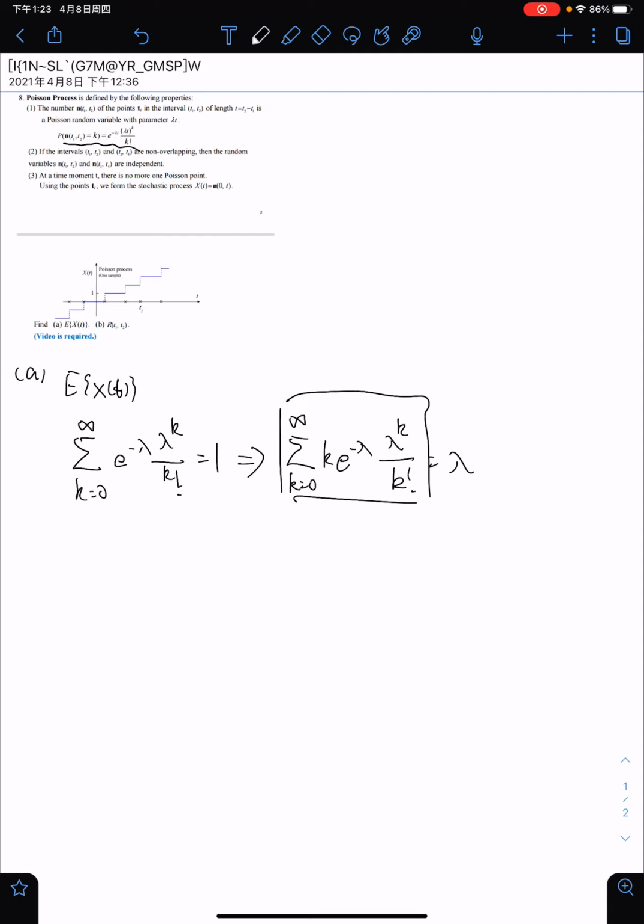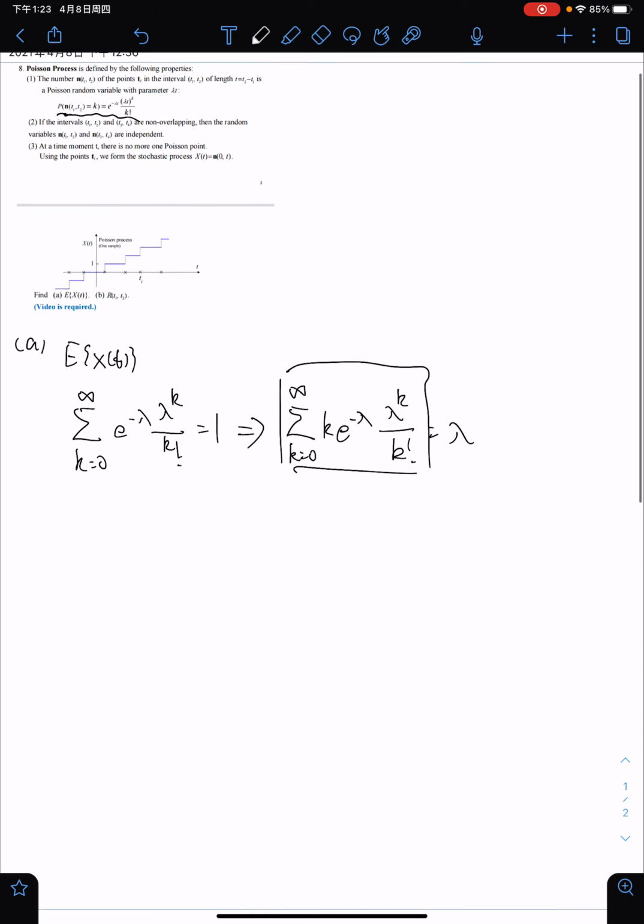And here we have the probability with lambda t. And X(t) equals n, the number of calls in this interval from 0 to t.